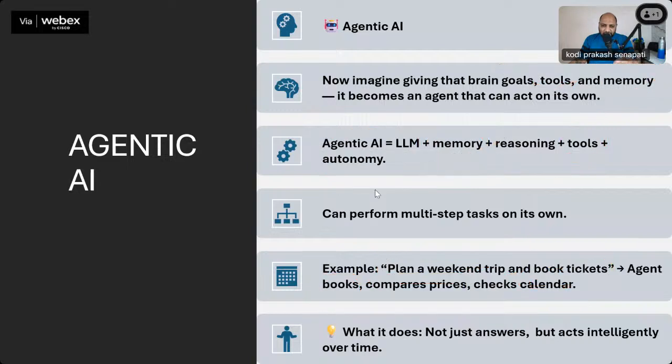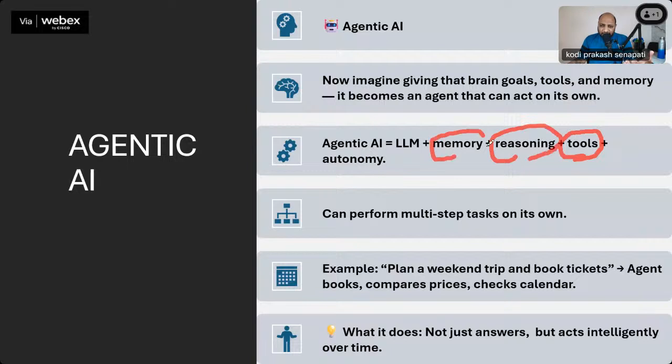Pretty much clear. For example, what is LLM? I was explaining to you, LLM is a brain. Okay. What is agentic AI? Agentic AI means we want to plan a trip. When we want to plan a trip, we need a tool. Which tool, guys? We need tools like flights or trains and all those things.